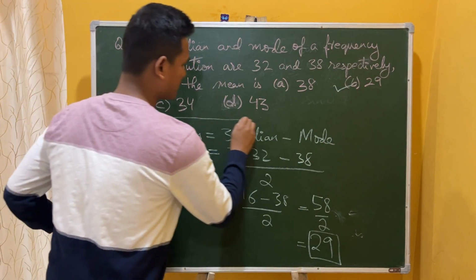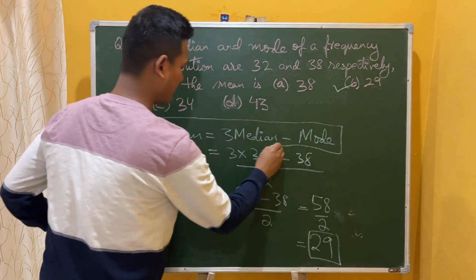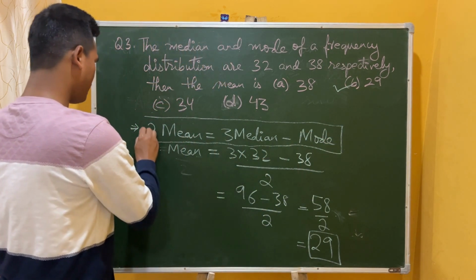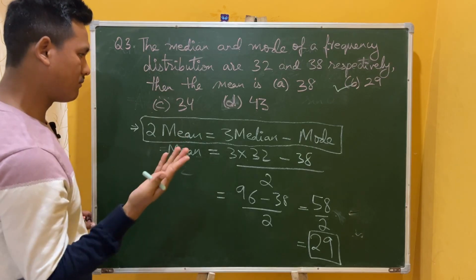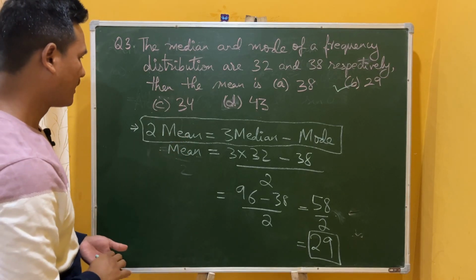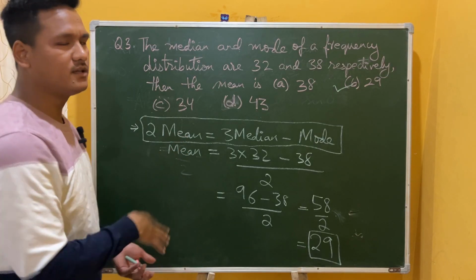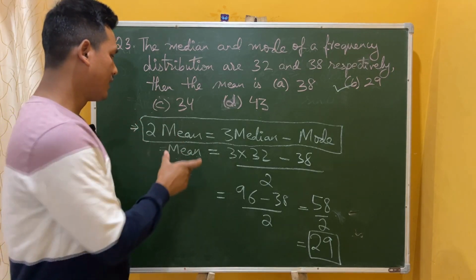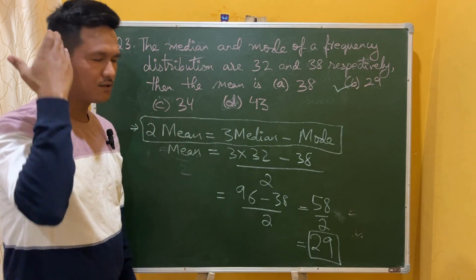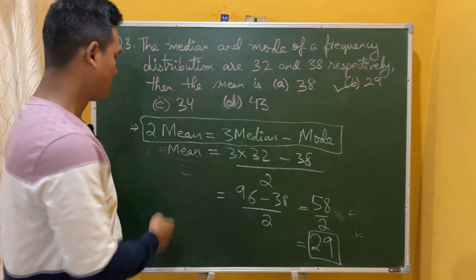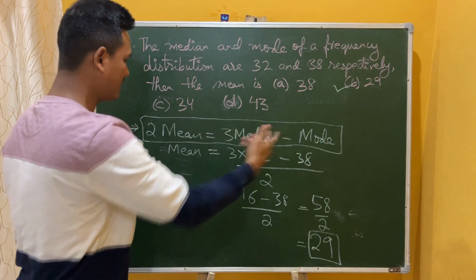Well, many people struggle to remember this formula. I would suggest, in my way, we often remember mean, median, mode. The three central tendencies come into mind as mean, median, and mode. So mean, median, and mode, right, like this.